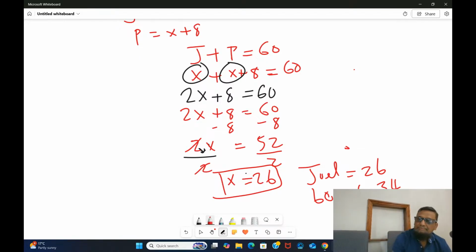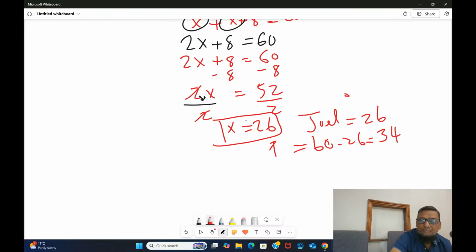This is the amount for Priya. And look at this one: the difference between 34 and 26 is 8. So Priya is getting 8 more than Joel. So this is the question.